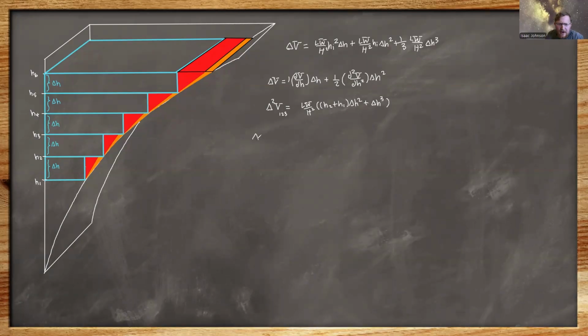Now we're going to go another order higher, so we have to go 4 points now to get the third change. And the third change is just the difference of 2 second changes. So the second change from 2 to 3 to 4 minus the second change from 1 to 2 to 3. And by the way, if you spend the time to write these out in terms of first changes, you'll find, I think that it ends up being V4 minus 3V3 plus 3V2 minus V1.